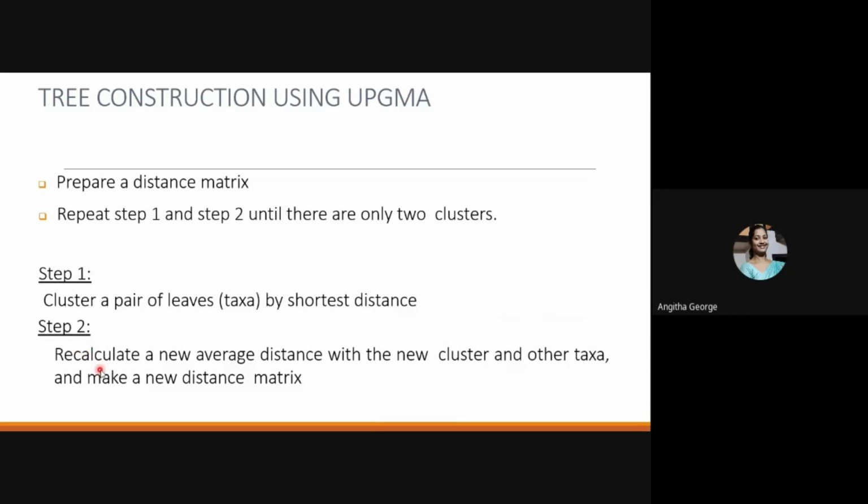Step 2: recalculate a new average distance with the new cluster and other taxa and make a new distance matrix. These two steps can be explained with an example.